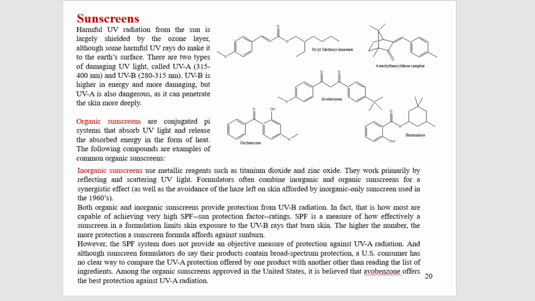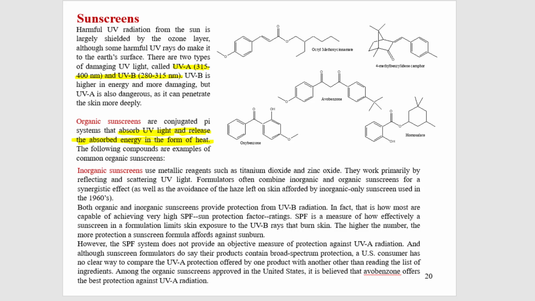The way that organic sunscreens work is that they absorb the UV light because they have these conjugated pi systems, and they release the absorbed energy in the form of heat. They take the hit, they absorb the UV light instead of your skin, and then they dissipate it as heat. You want to be careful because we're trying to avoid exposure of our skin to UVA and UVB rays. These are the ones that cause damage and ultimately could lead to things like skin cancer.